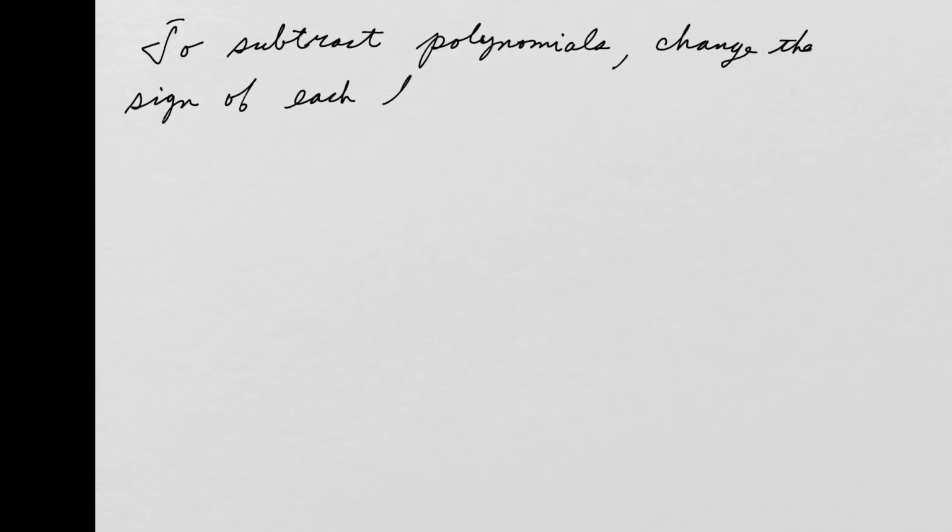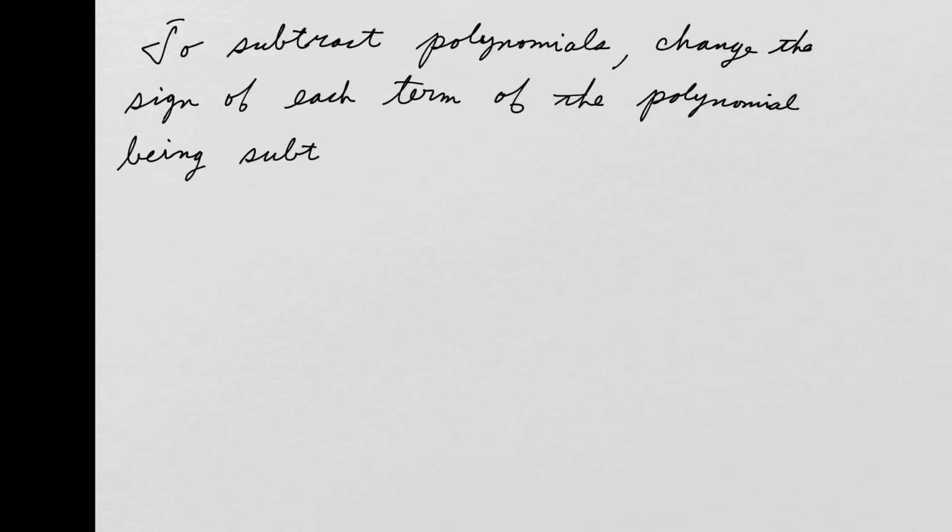So change the sign of each term of the polynomial being subtracted. Then add like terms, right? Then it becomes an addition after that. So then add like terms.